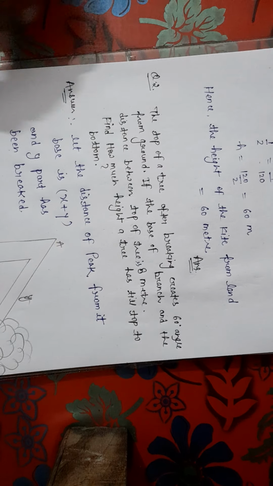Now see, tan 60 you know, because tan 60 equals, what is the value of tan 60? It is root 3. So in place of tan 60 we will put root 3 equal to, in place of AC, the value of AC is x.